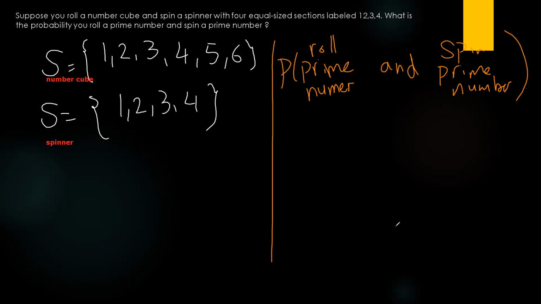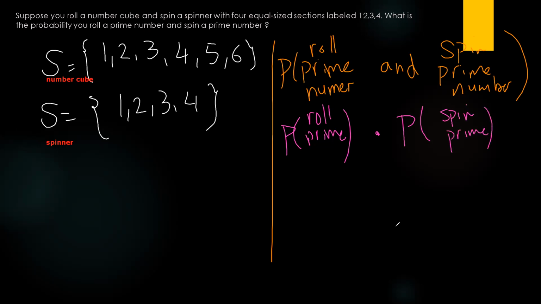Now the first one is the probability of rolling a prime number, multiplied by the probability of spinning a prime. Rolling a prime means I'm going to the number cube, and here you spin the spinner. Now what is the prime number?